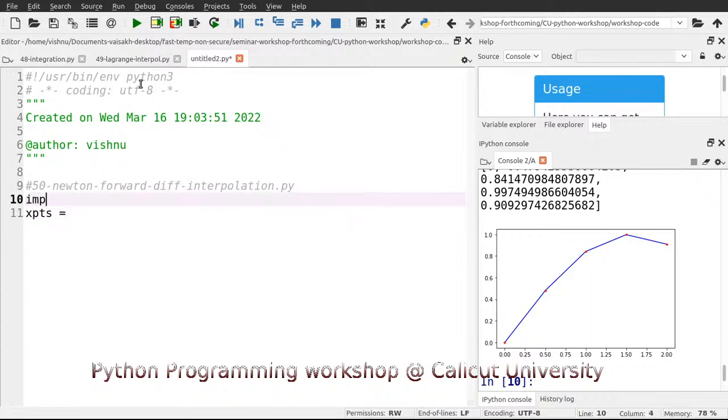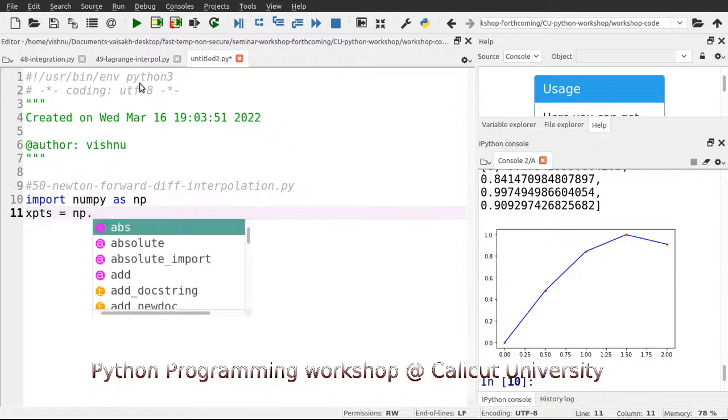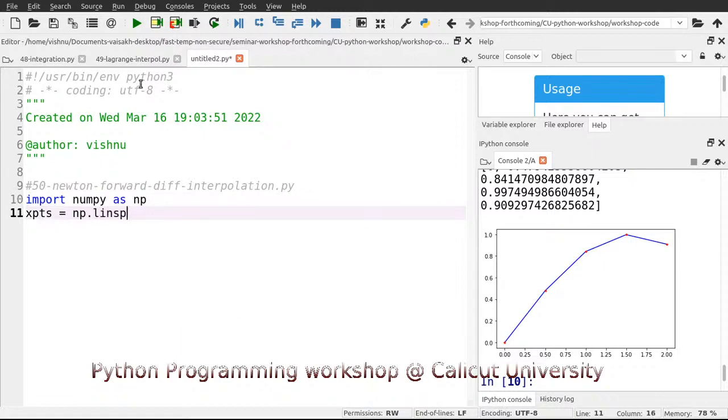So importing numpy as np, np.linspace, creating the points. Once again, 0 to 2 or maybe even 0 to 5, say 20 points. Y points, let us try to create the same thing again. Y points equal to x points squared.